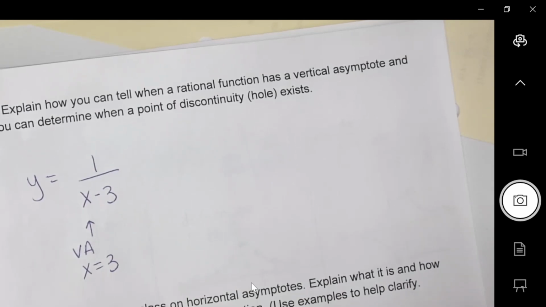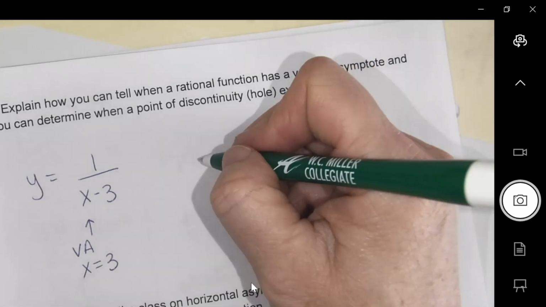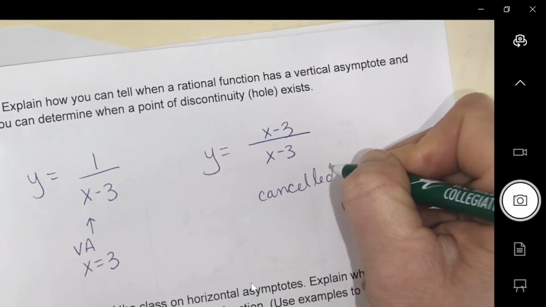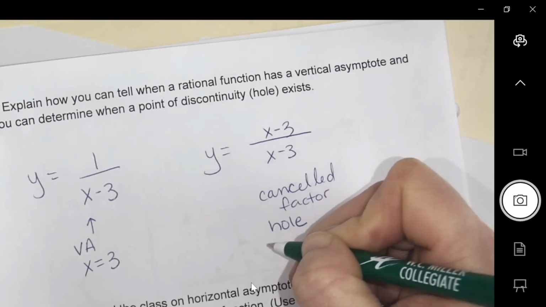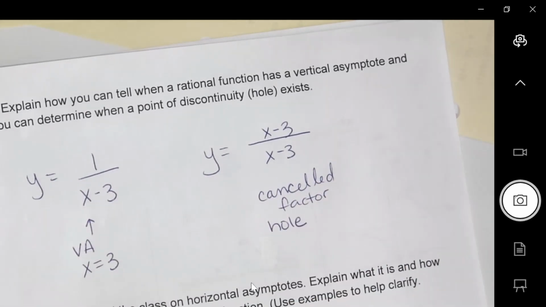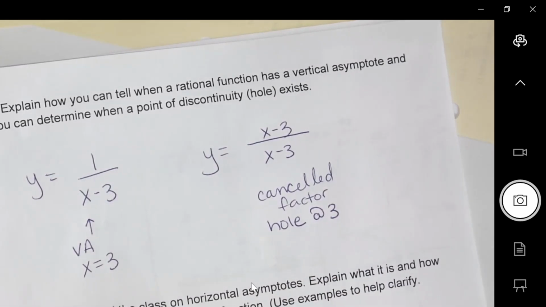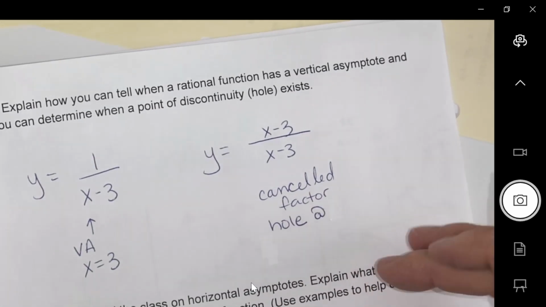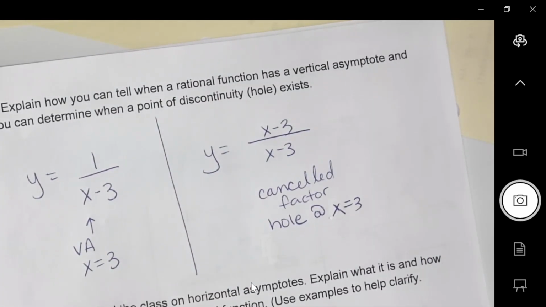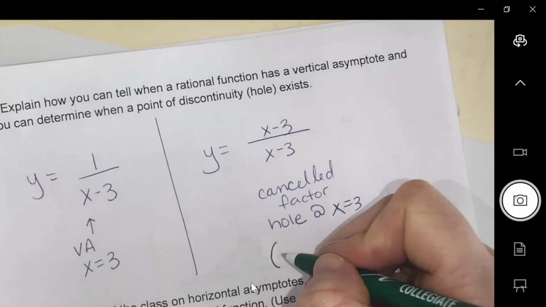So understanding when there's a factor or an x on the bottom that you're looking at, it creates a vertical asymptote. I think you guys need more practice at this.